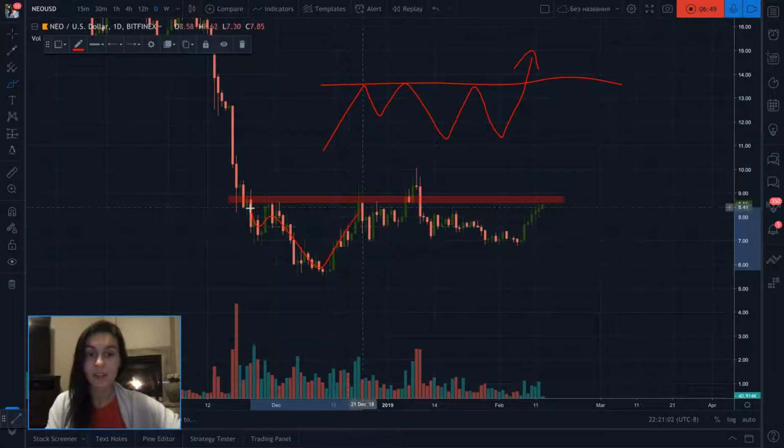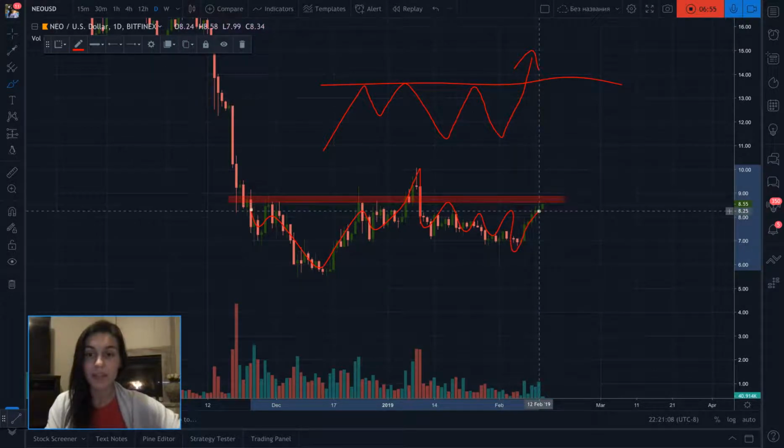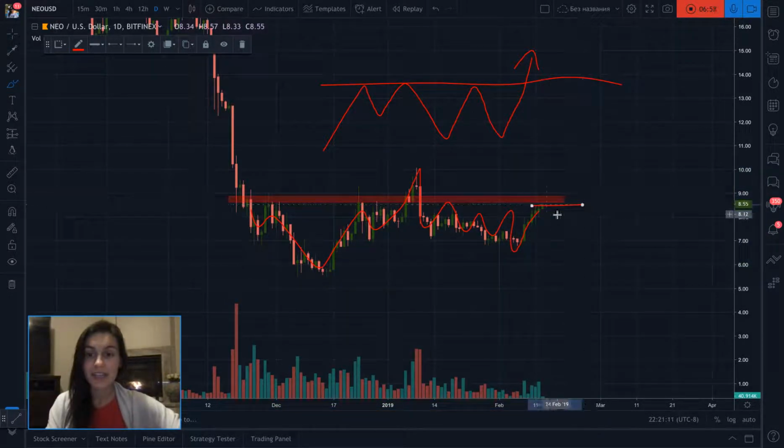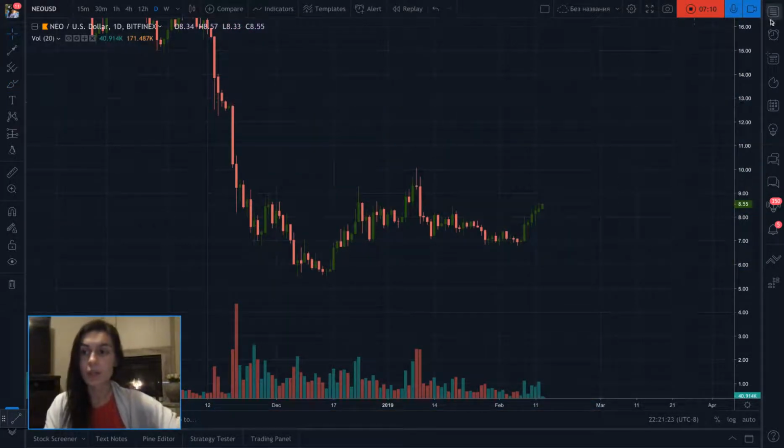This is the same situation: you have a false break over here, but you are still retesting this zone, and then the price is just about to hit this level. So you can open your long position over here, and don't forget to put your stop loss just below this level. Let's go to Ethereum, and I will show you this situation.